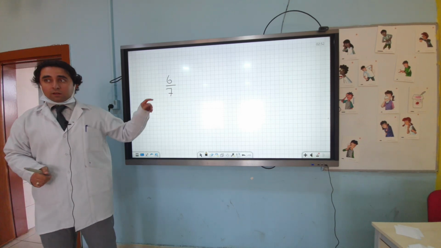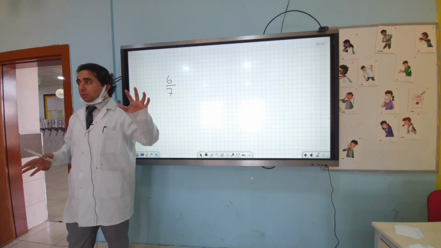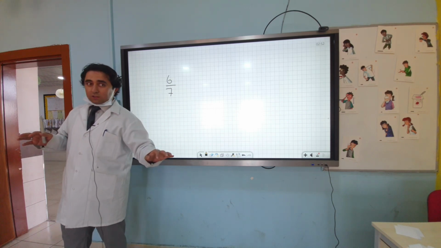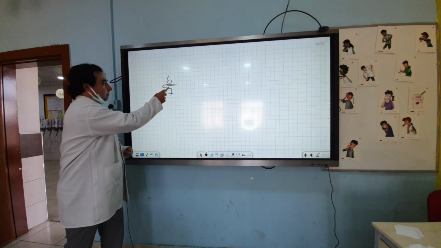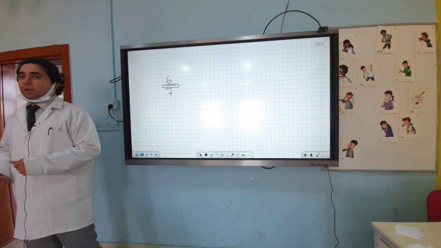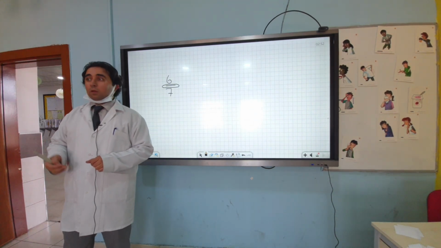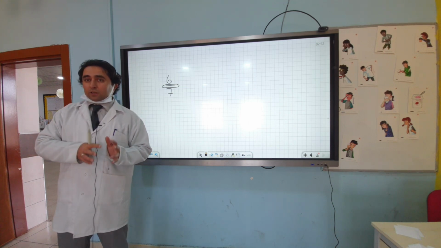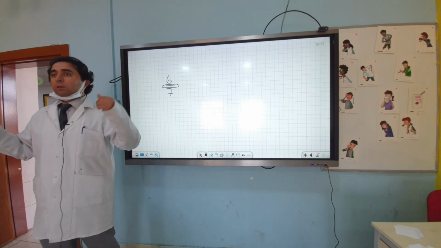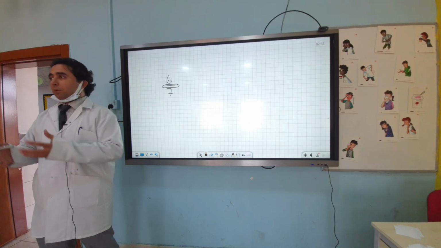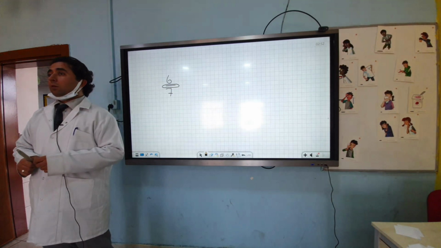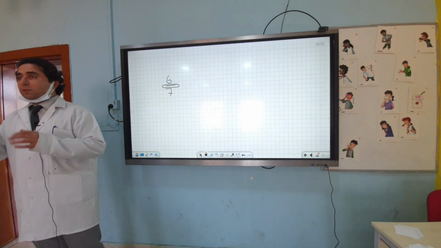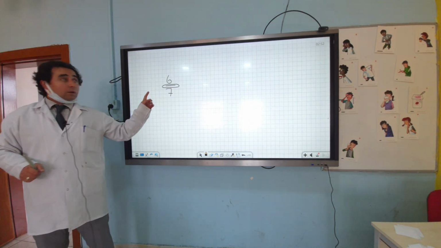There is a line between two numbers. This fraction line is saying to us, there is a whole thing. Imagine, we were telling in previous years, a fraction is a representation of the whole world. For example, food, tools, everything you may think. There is a thing.